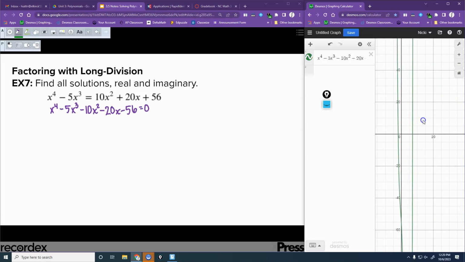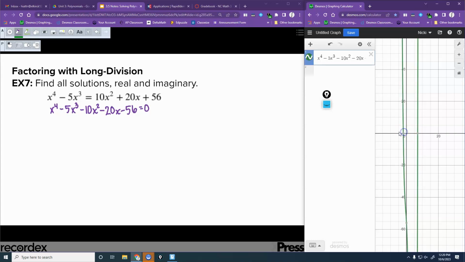I'm supposed to have 4. So, let's pay attention to what we've got as our solutions. I've got x equals -2, and I've got x equals 7. Those are 2 of my solutions.